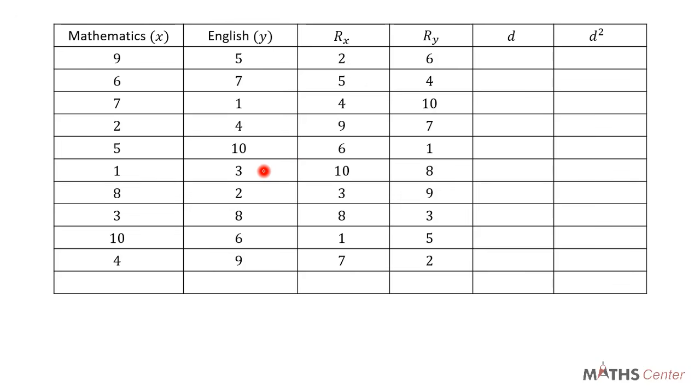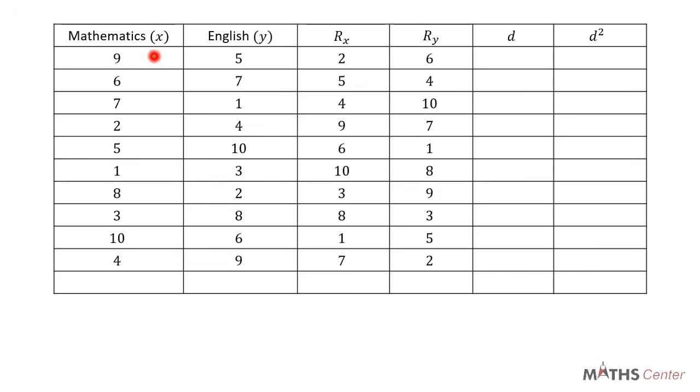You can also choose to rank it from lowest to highest. So in that case, the lowest one will have a rank of 1. So someone can decide that 1 will have a rank of 1, 2 will have a rank of 2, 3 will have a rank of 3, 4 will have a rank of 4, up to the highest one.